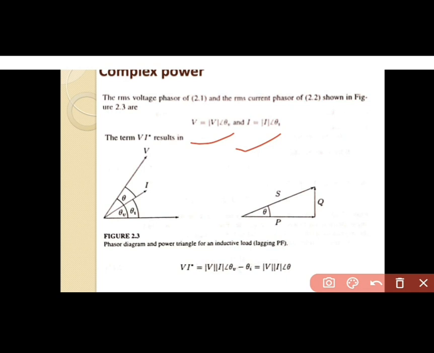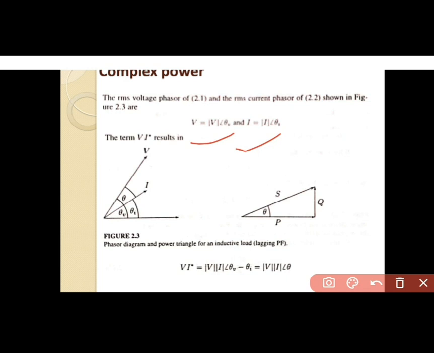We first assume the reference wave, and go through the phasor diagram and power triangle for an inductive load. For the inductive load, the current lags behind the voltage by some angle theta. The angle between the reference axis and the voltage is theta v, and the angle between the reference axis and the current is theta i.